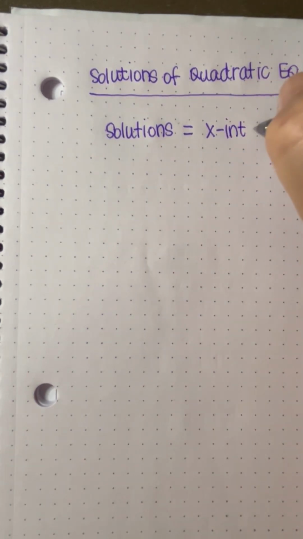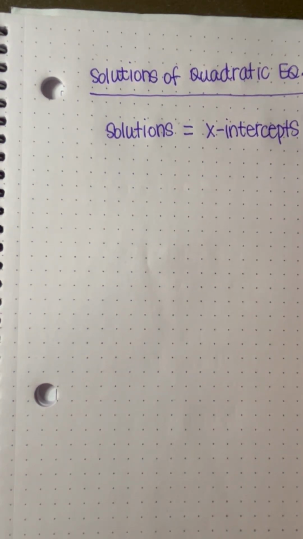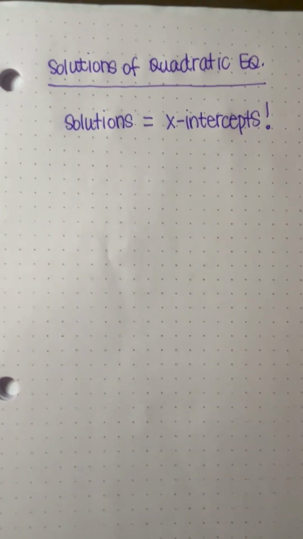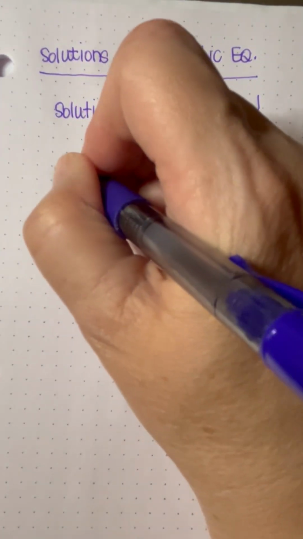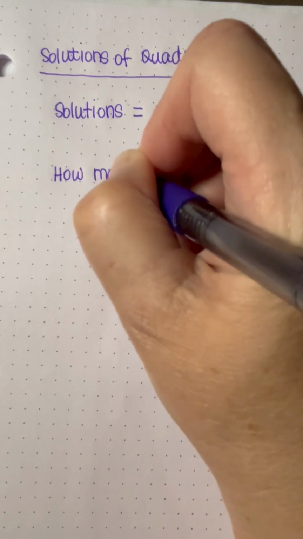So the entire time that we're working on this today, I want you to keep in mind that solutions are x-intercepts. Now, I'm not really sure why, but on the SOL test, they are very concerned about you being able to figure out how many solutions a quadratic equation will have. So how many of these solutions or x-intercepts will any equation have?